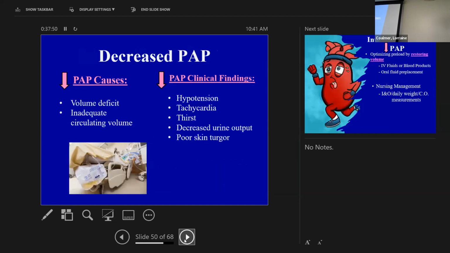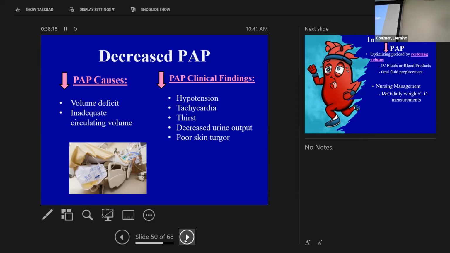If it's a low volume deficit, give me back my volume, right? And again, if I know a pulmonary artery pressure, I'm going to know a CVP because that's part of this one, right? So, okay, good. So if I have a pulmonary artery pressure number, that means I got a Swan in, right? That's the only catheter that can give me a pulmonary artery pressure number. I know that I'm going to know the CVP as well. Do you guys see that?